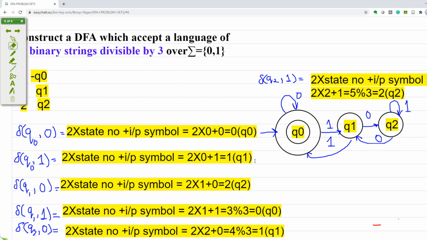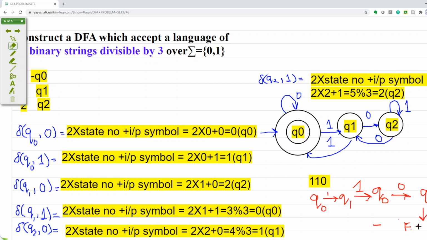Now let's check whether a particular string is accepted. Let the string be 110. Let's see whether this string will be accepted by the machine or not. From Q0 with 1, I move to Q1. From Q1 with 1 again, I am in Q0, and from Q0 with 0, I am in Q0. So this is a final state.